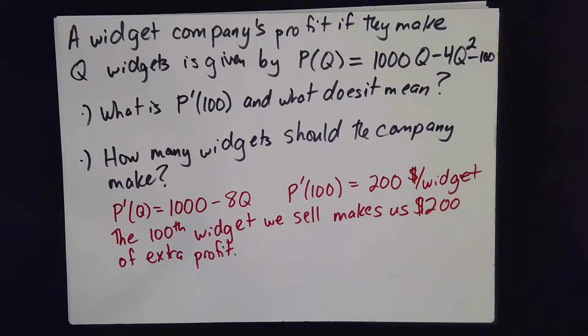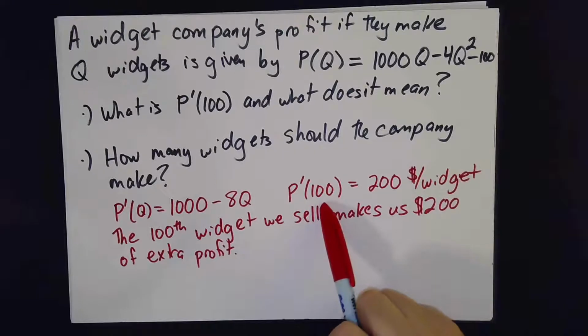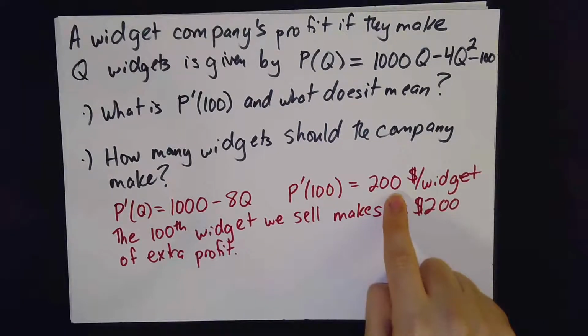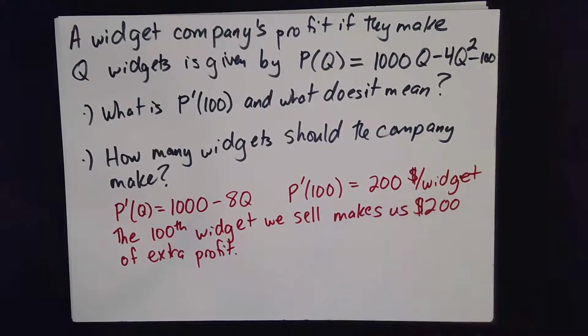The next question asks, okay, well, then how many widgets should they make? So you can pause for a minute and think, was 100 too many widgets, too few widgets, or just the right number of widgets? But making the 100th widget made us money. And so really, the way we want to think about this is we want to keep making widgets until we stop making money.